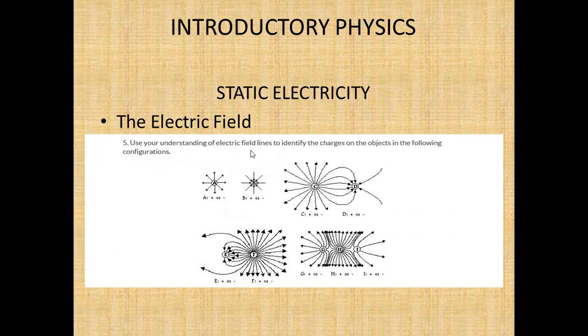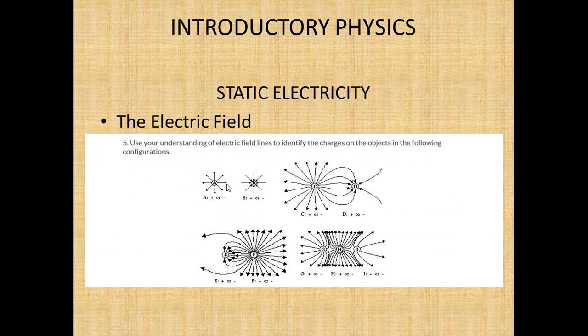Use your understanding of electric field lines to identify the charges on the objects in the following configuration. All right, so let's look at this. A, the lines are going away from it. So if the lines are going away from it, it has to be positive.